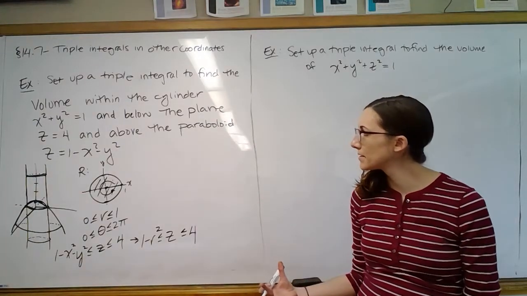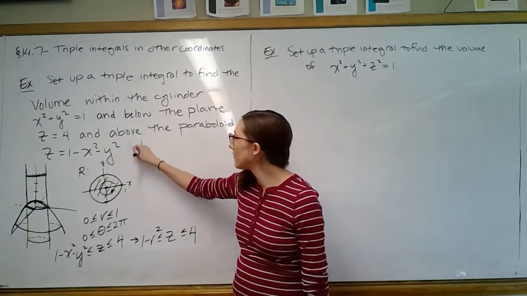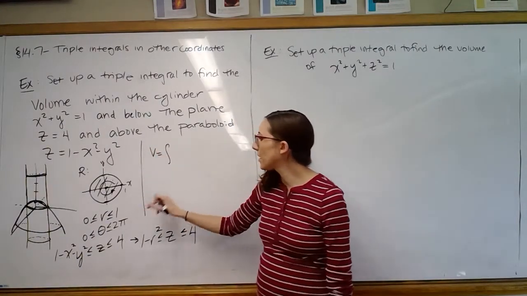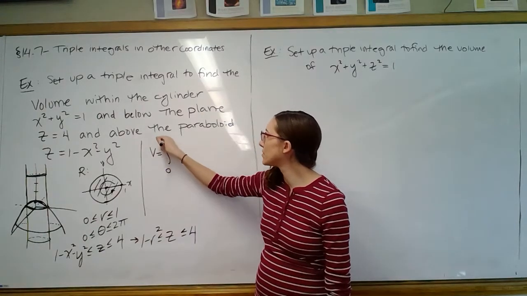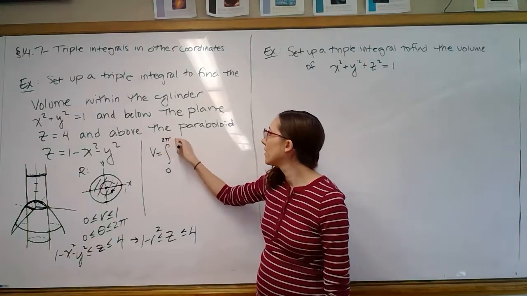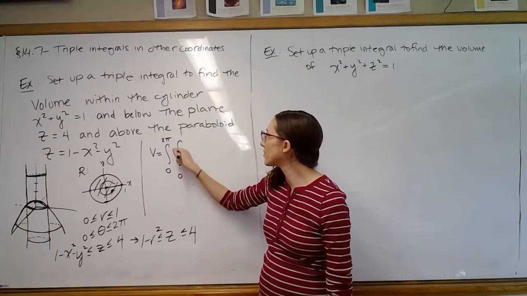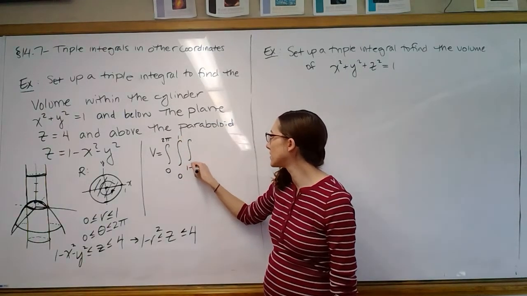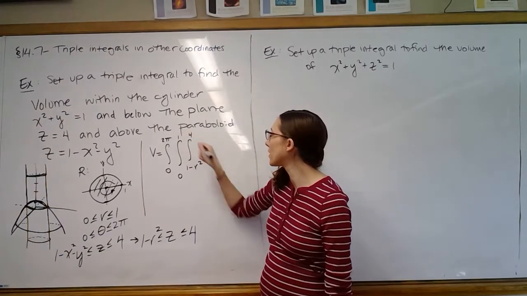And so then when we put this in a triple integral, we're going to have volume. We could put our theta bounds on the outside, so 0 to 2 pi. And then r goes from 0 to 1. z goes from 1 minus r squared to 4.